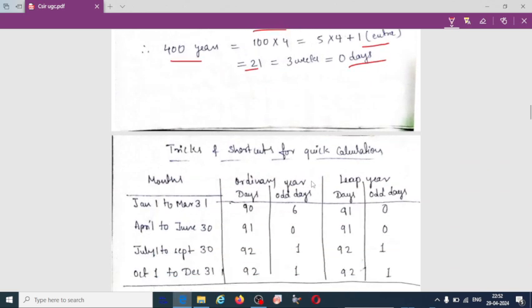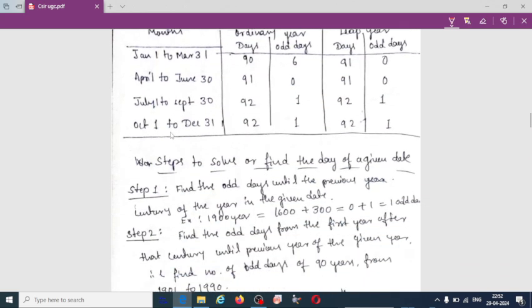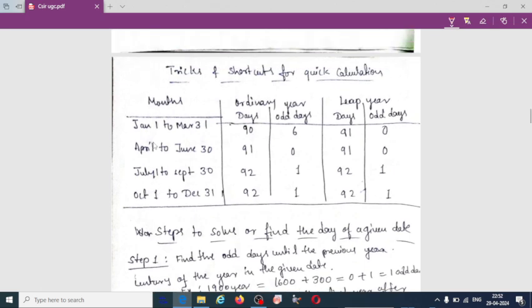So, tricks and shortcuts for quick calculation by month. Let us take 3 months, January to March, 90 days, and for an ordinary year, 6 odd days. For a leap year, the total is going to be 91 for 3 months, and 0 odd days.